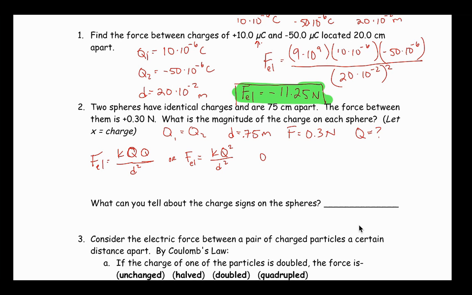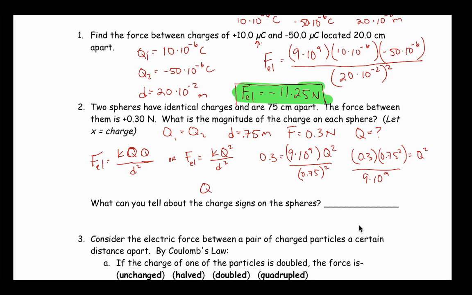So I'd have 0.3 equals 9 times 10 to the ninth times q squared over 0.75 squared. Again, at this point, you can plug it into your calculator. I'm going to do some quick simplification and say 0.3 times 0.75 squared, divided by 9 times 10 to the ninth equals q squared.